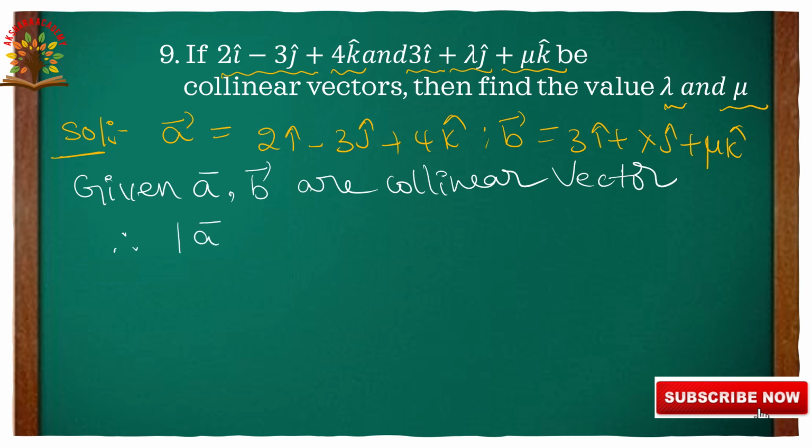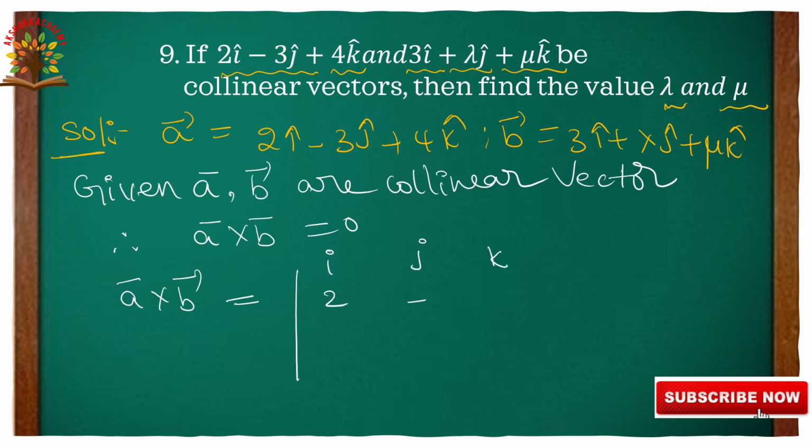So that is a bar cross b bar is equal to 0. Now we are finding a bar cross b bar, which is equal to the determinant of i, j, k, and 2, minus 3, 4, and b components 3, lambda and mu. Now we are finding the determinant, which is equal to 0.